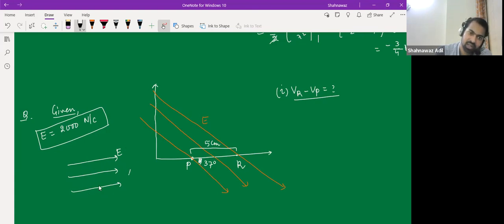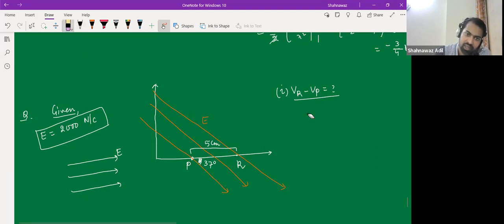From the electric field lines concept, the density is the same, so we have the same electric field lines in this region. The strength would be the same everywhere, so this is a uniform electric field.